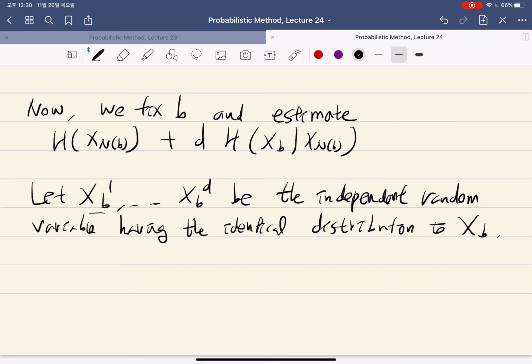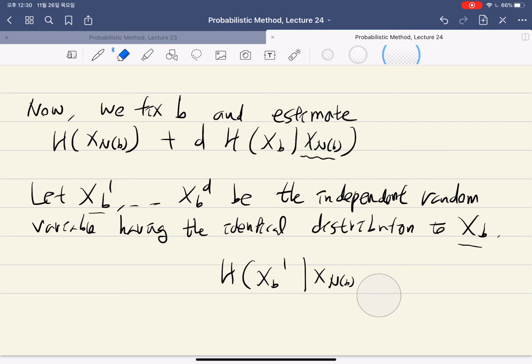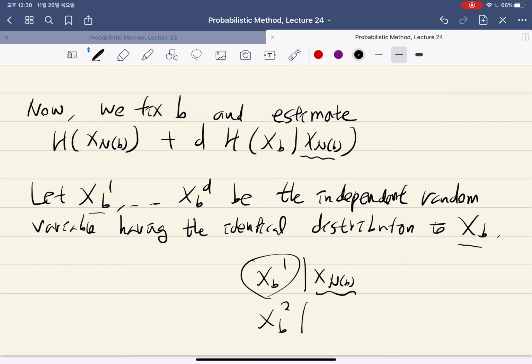Each of these has an identical distribution to this, and they are independent. But when this is given, the distributions here are also identical, assuming the same event. But once you assume this, they are independent.